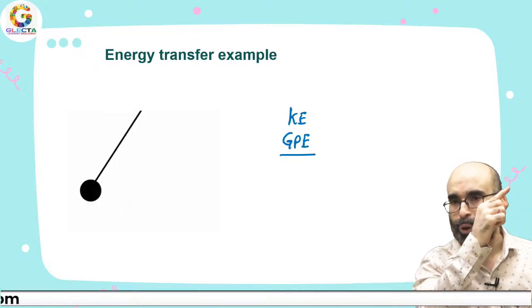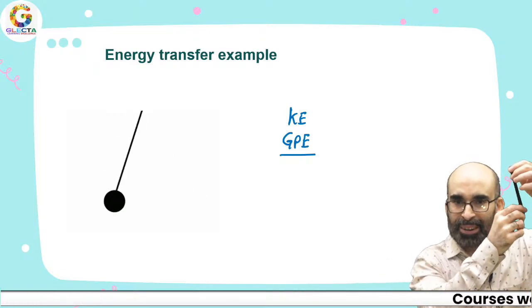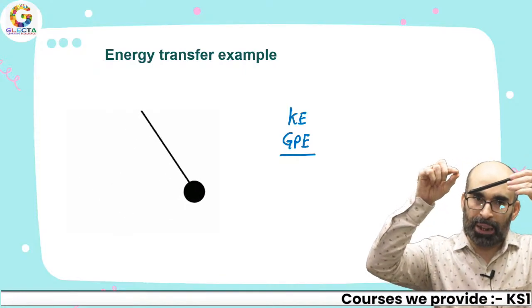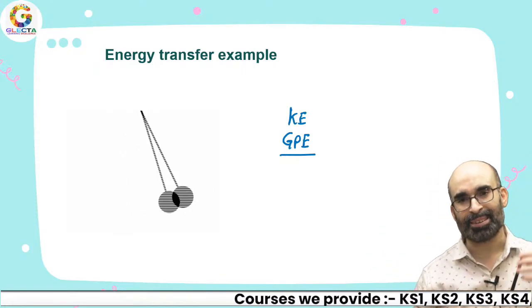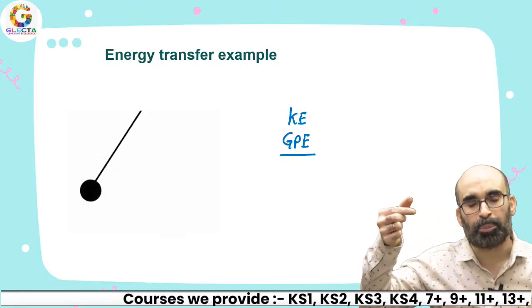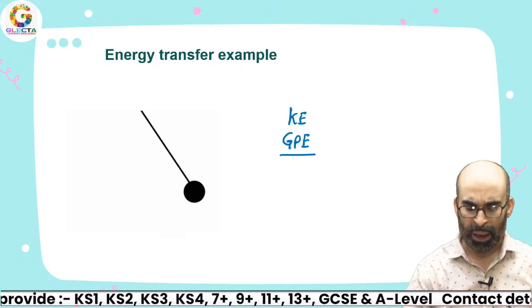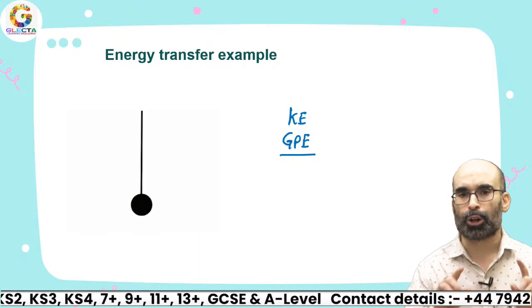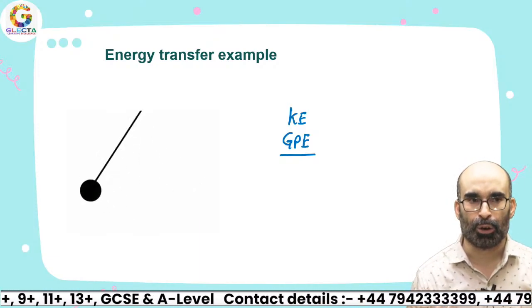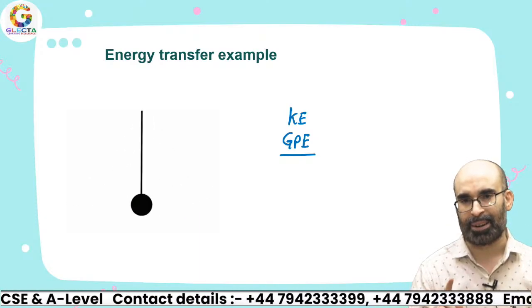Gravitational potential energy store increased. And further, when it is falling down, like this, the gravitational potential energy got transferred into kinetic energy. Same thing happens in a roller coaster ride. You got to observe that.